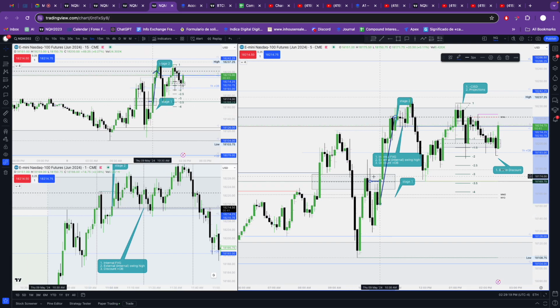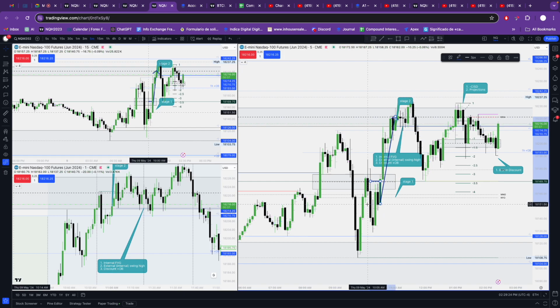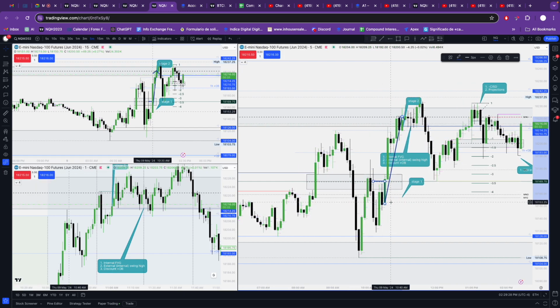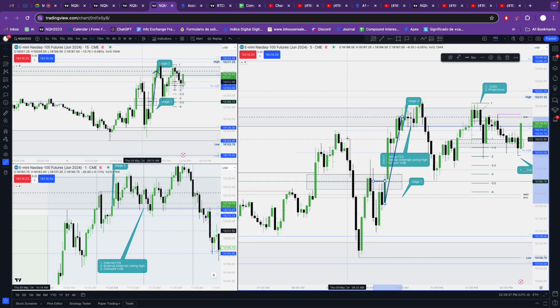But something we have to pay more attention to are the hourly intervals and how these candles that are forming in the new hourly interval fit in the narrative with price action.